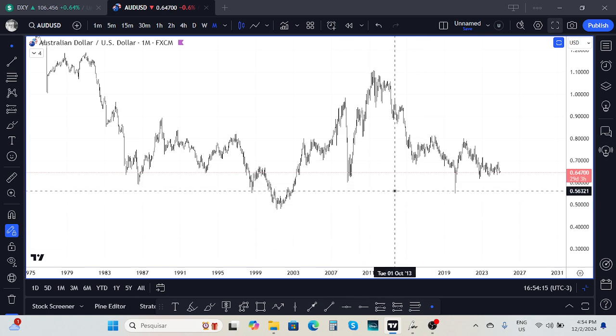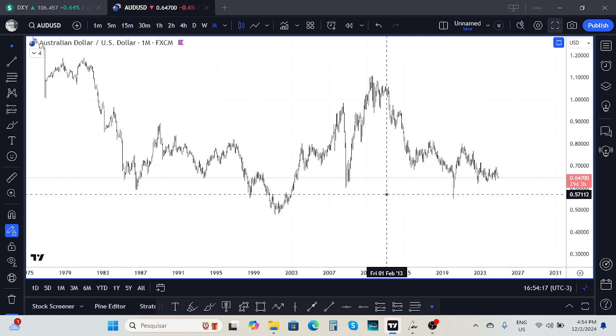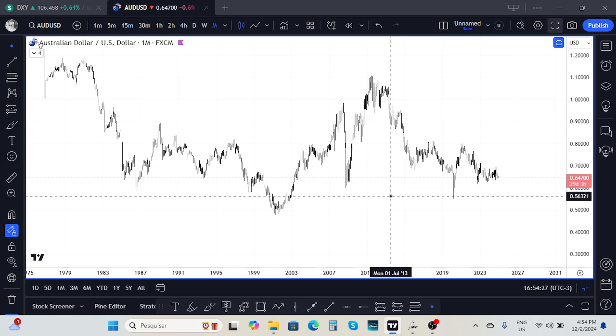So today I'm going to be talking about highs and lows, how to identify highs and lows in the market. When analyzing the market from the monthly time frame all the way down to whatever time frame you're going to be trading, buying, or selling, you're going to understand and learn what is a high and what is a low.